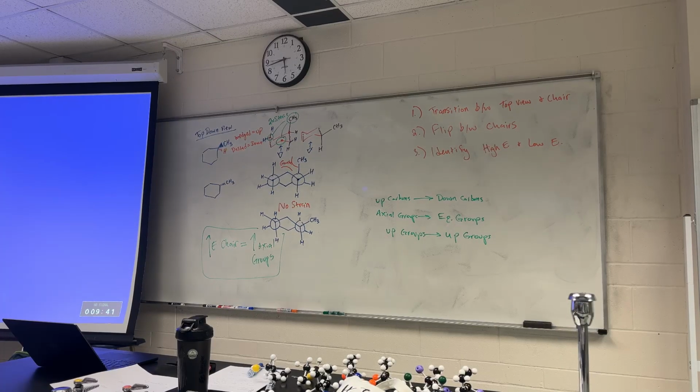Axial or equatorial? Axial. Here it's down equatorial. This group is this group. Down and down, up and up. But remember, axial groups, like this one, flip to become equatorial groups, like this one. So you'll get familiar with it.